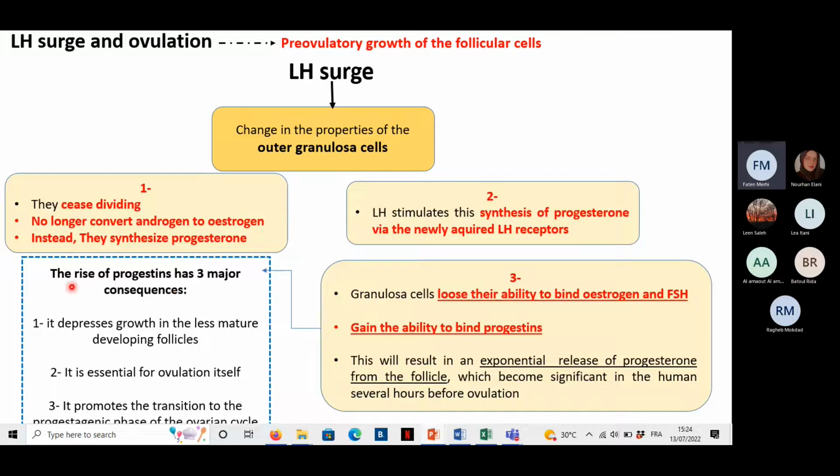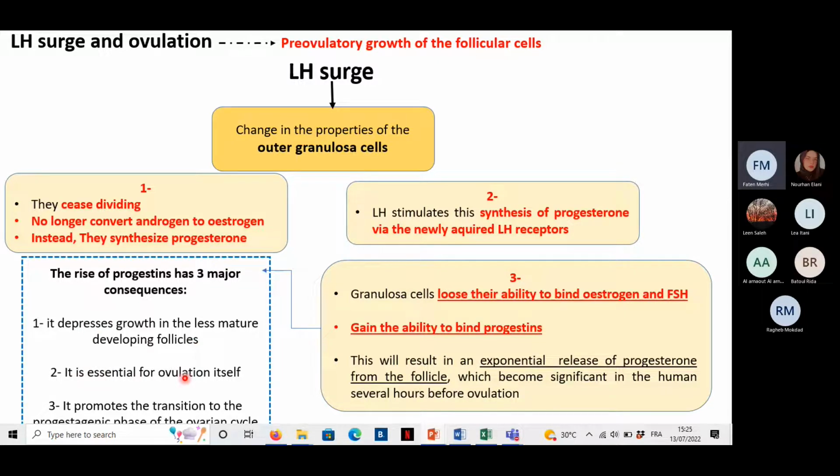And this rise in the progesterone levels has three major consequences. It will depress the growth of the less mature developing follicles. If you remember, we said that the FSH will lead to the growth of the less mature follicles, the early antral follicles. Now the progesterone will prevent the growth of the less mature developing follicles.